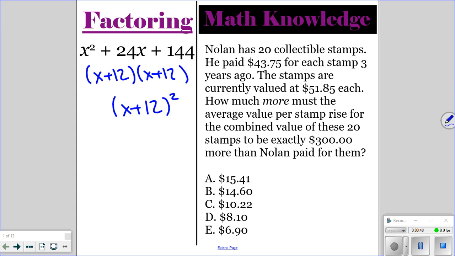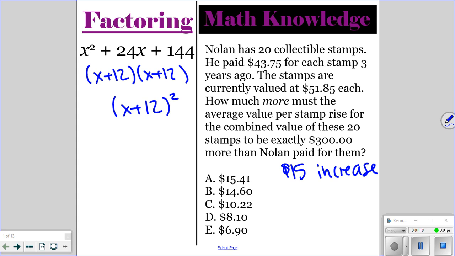And so we want to know when he gets exactly $300 more than what he paid for them originally. So $300 for 20 stamps is going to be a price of $15 per stamp.